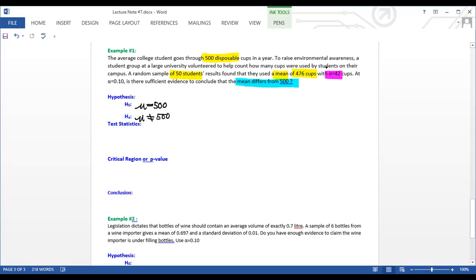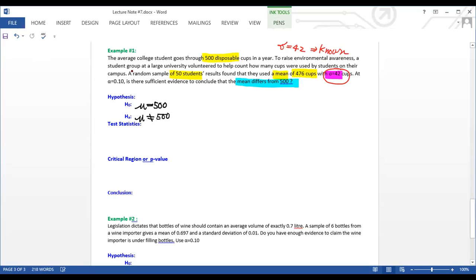So you search through the information, and you say, oh, here they give us sigma equal to 42. And I know what this sigma is. This is the Greek letter notation, so I know this is the population standard deviation, the population sigma. So is it known or unknown? It's known, right?